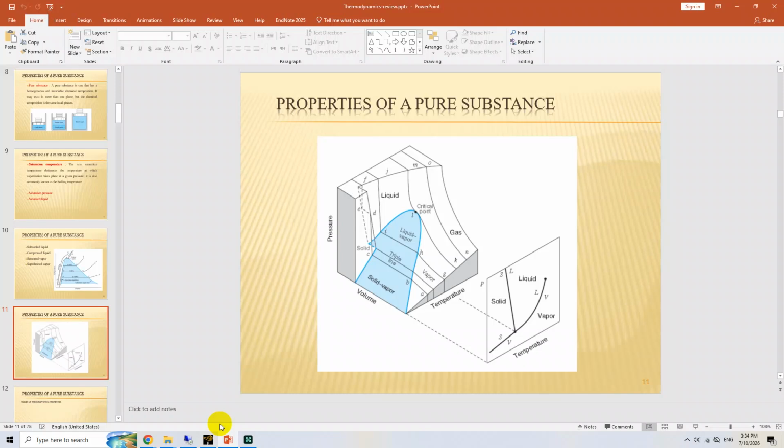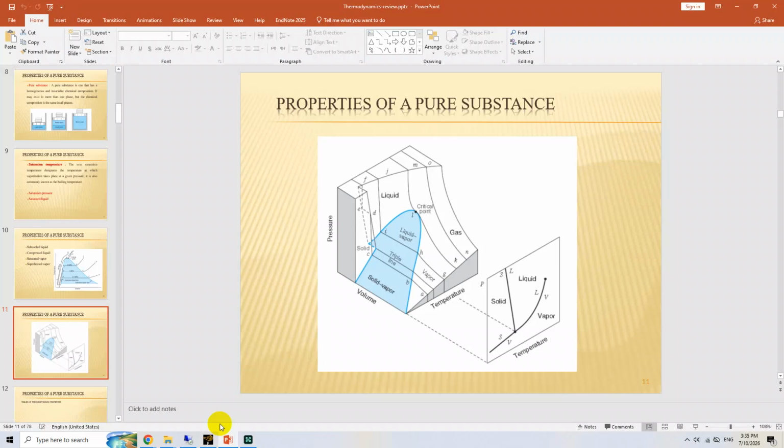This is a phase volume diagram, or contour, that has three axes: pressure, volume and temperature. You can see the projection of this diagram on the temperature versus pressure, TP diagram.